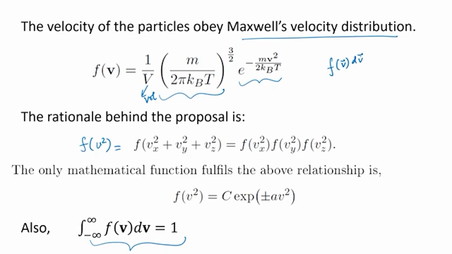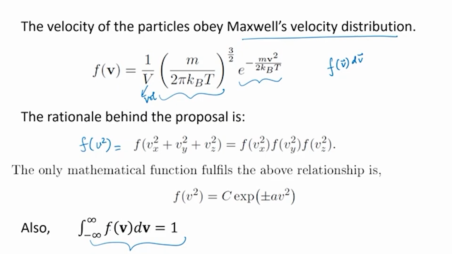Since it is a probability, the total probability for v between minus infinity and plus infinity must be one. Plus velocities mean they are moving rightward, and negative velocities mean they move leftward, and they can have any velocities ranging from minus infinity to plus infinity.